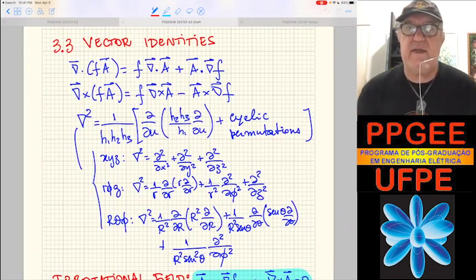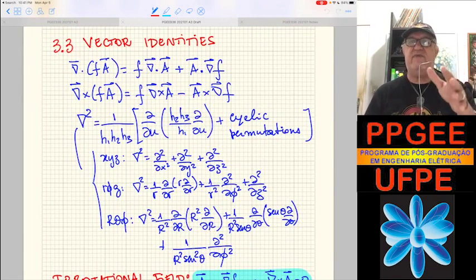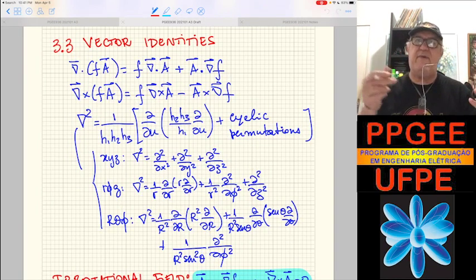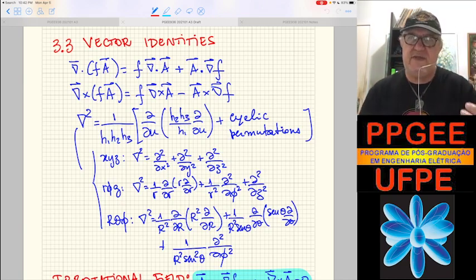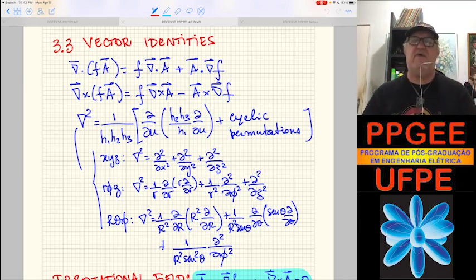Sometimes you need to use some chain rule, let's say, involving a vector field and a scalar field, and using the nabla operator. You see that the nabla operator applied on a function gives a gradient. On a vector, you can have a divergence or a curl. So the nabla operator is always there, acting on different types of fields, either scalar or vector fields.